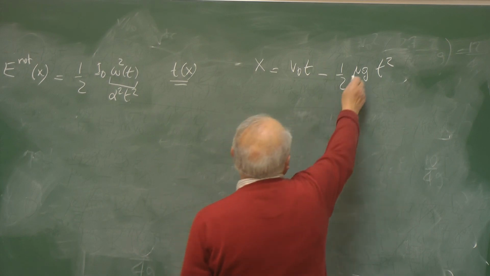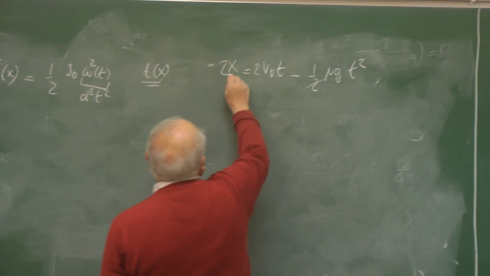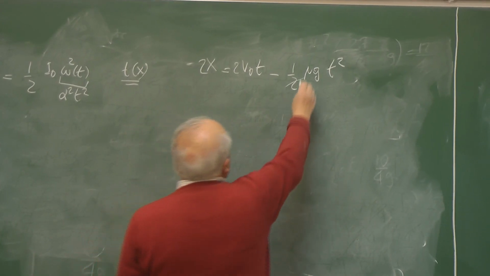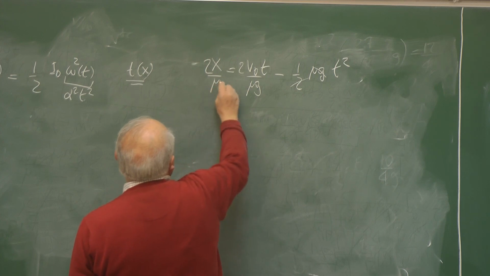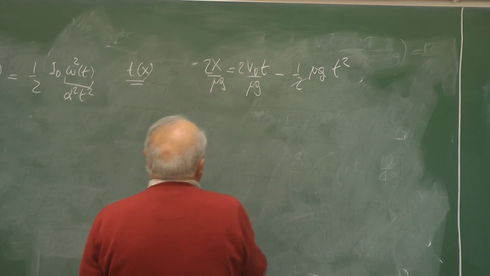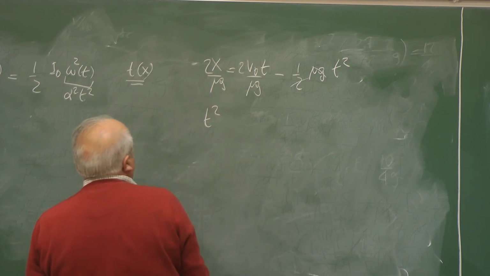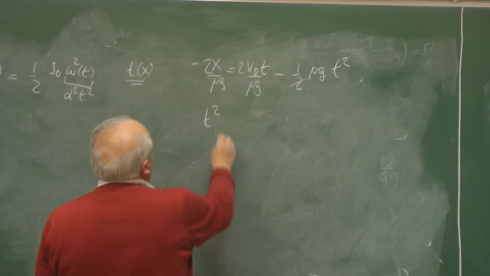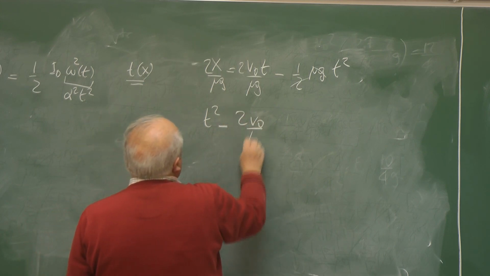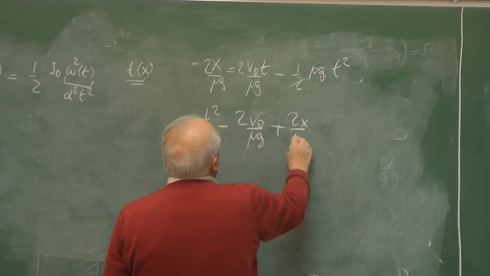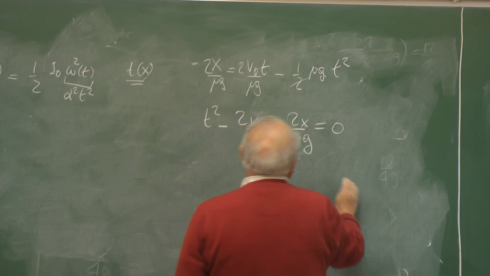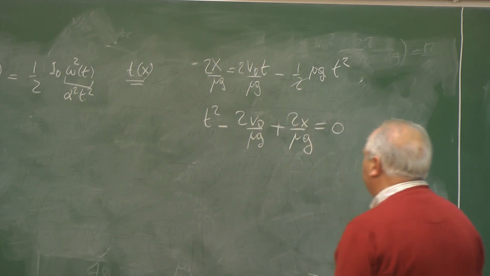We multiply by 2, divide by mu g, and the equation we need to solve is t squared minus 2 v0 over mu g t plus 2x over mu g equals 0. That's a quadratic equation, it has 2 roots.